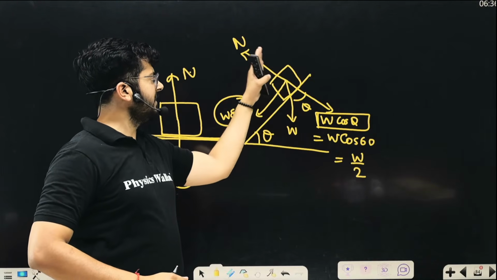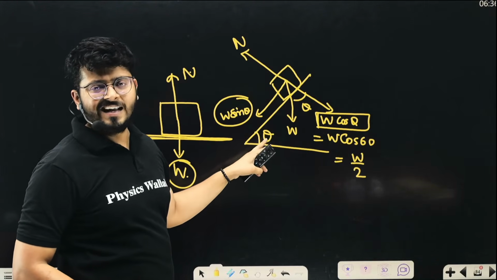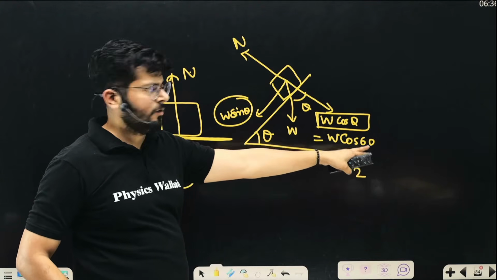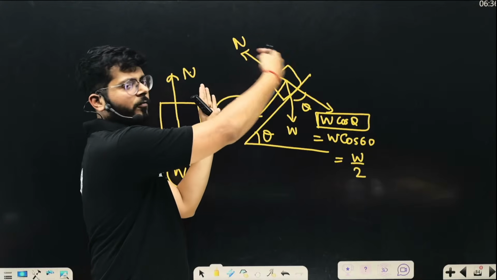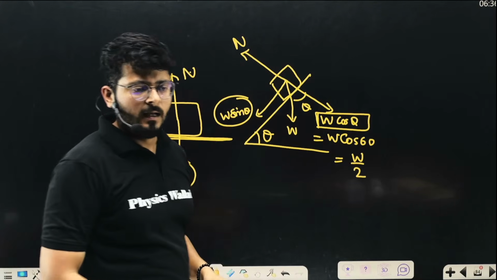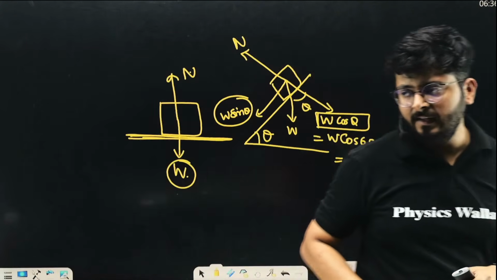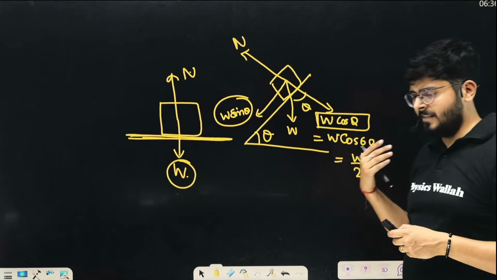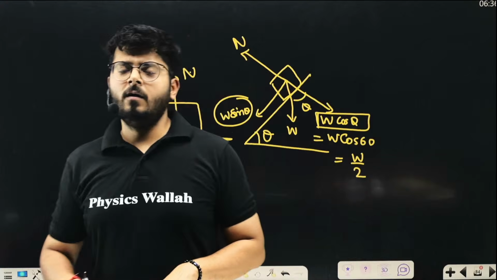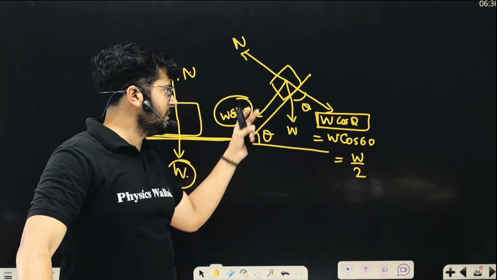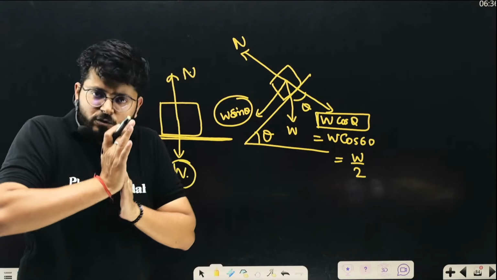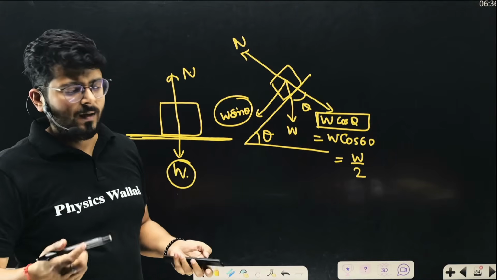If you keep on increasing the angle and make theta 90 degrees, the normal reaction becomes W cos 90, which is 0. So basically the surface is not offering any support. I hope the idea is very clear. The normal reaction acts when two surfaces are pressing against each other; otherwise it is not there.